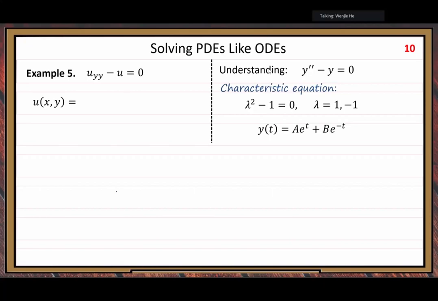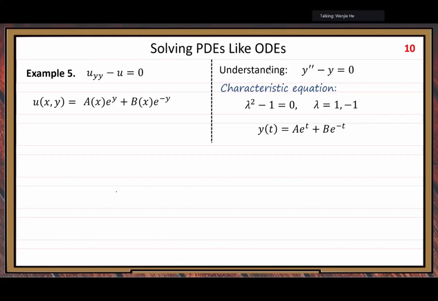When we write the constant, now we use capital A of x function, because x we treat as a parameter. So that should be inside capital A as a variable of the function.